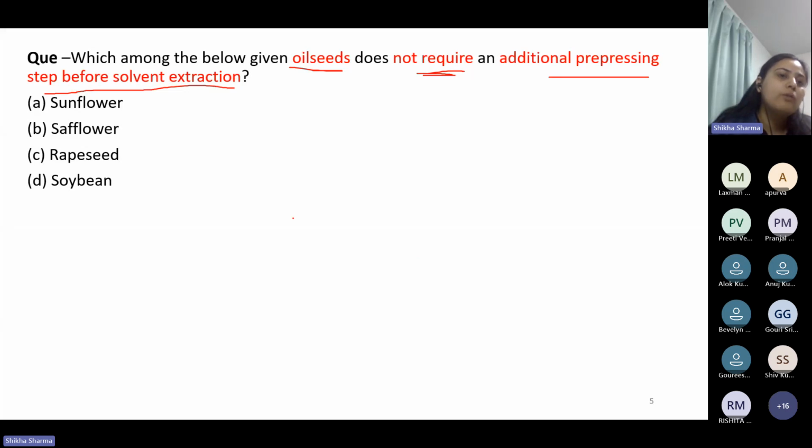So we have four oil seeds here: sunflower, safflower, rapeseed, and soybean. Out of these, we need to identify which does not require an extra pre-pressing step before the solvent extraction.